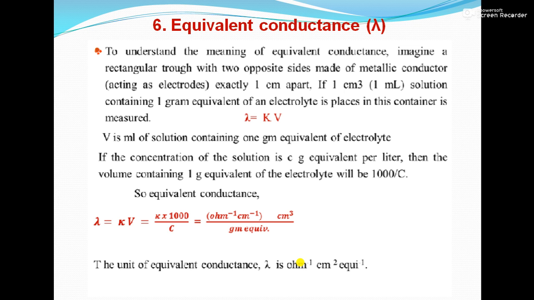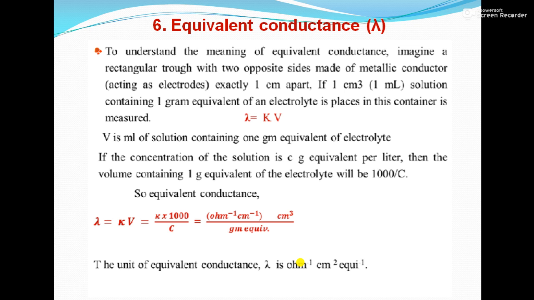If 1 centimeter cube, that is 1 ml, of solution containing 1 gram equivalent of an electrolyte is placed in this container and its conductance is measured, where the concentration of that solution is measured in gram equivalent per centimeter cube, then that conductance is called equivalent conductance. So V is the ml of solution containing 1 gram equivalent of electrolyte.